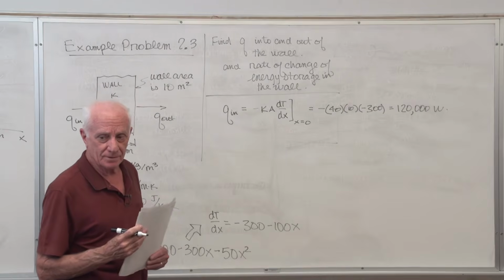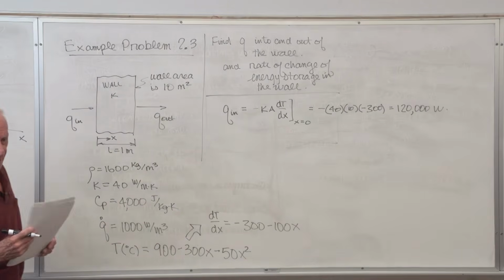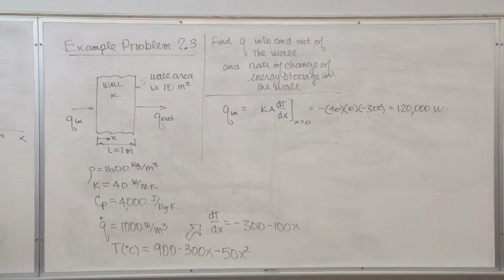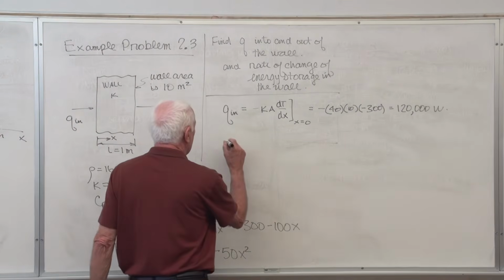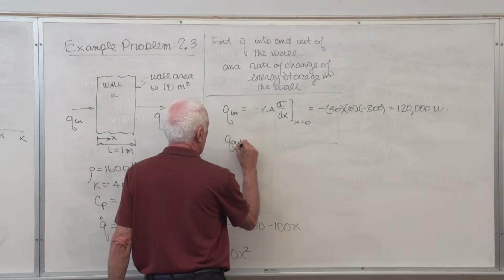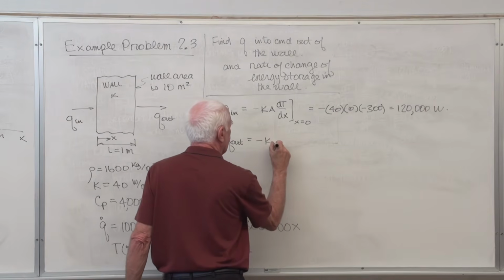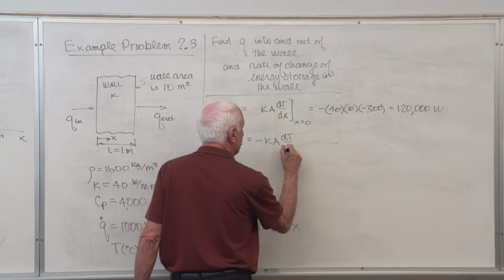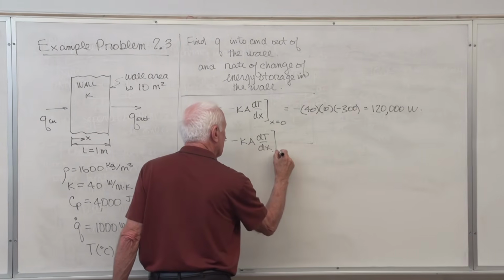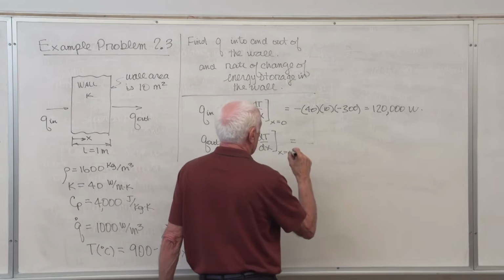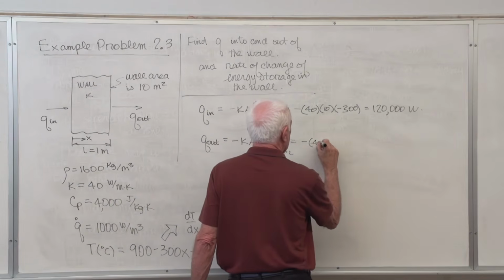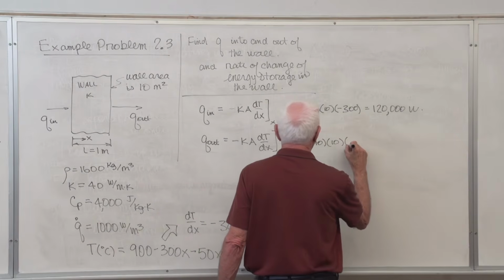Plus, the sign is plus, and I told you what plus means. A plus Q means the heat goes in the plus x direction. Yeah, there's the arrow. That just checks and confirms for me I'm doing things correctly, sign-wise. Q out equals minus K A dT/dx at x equals L. What's L? 1. Minus 40, area, 10.